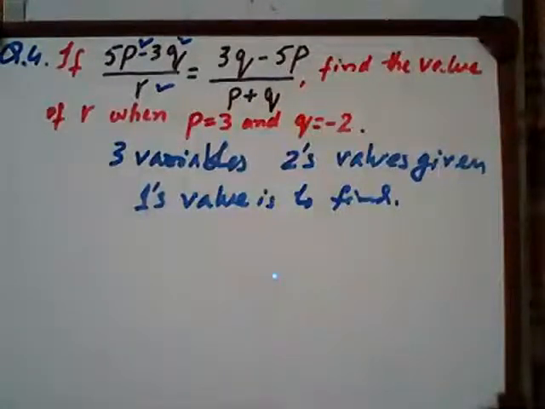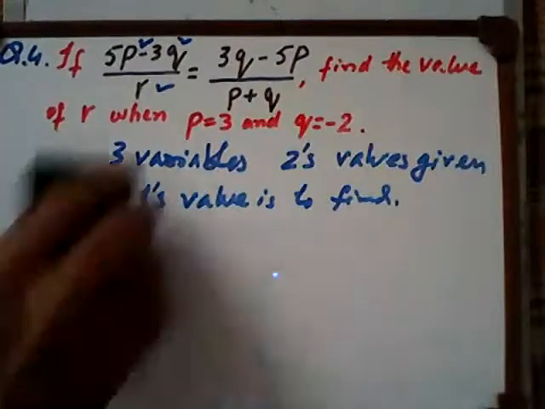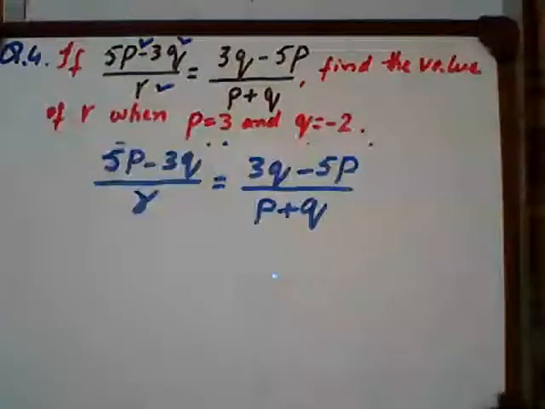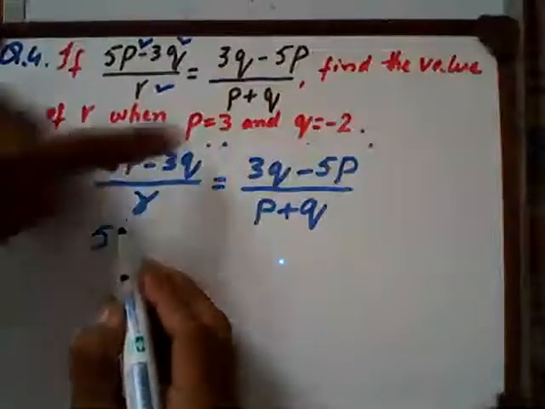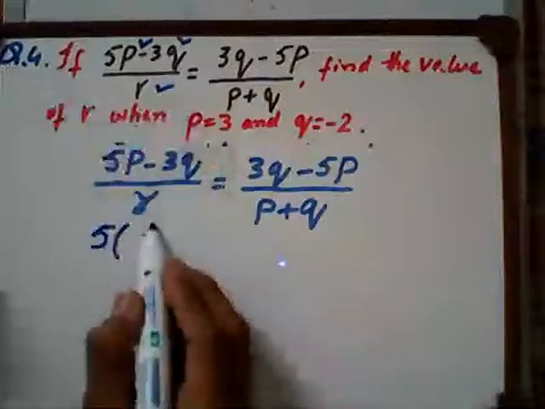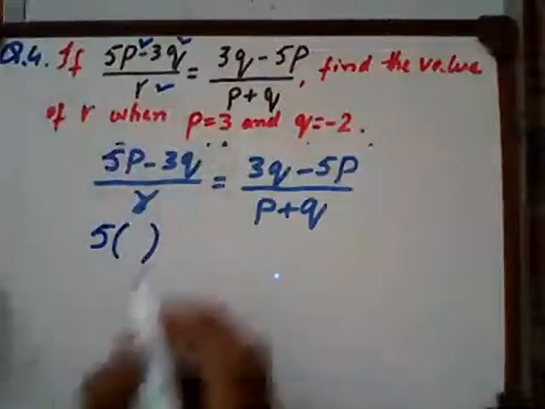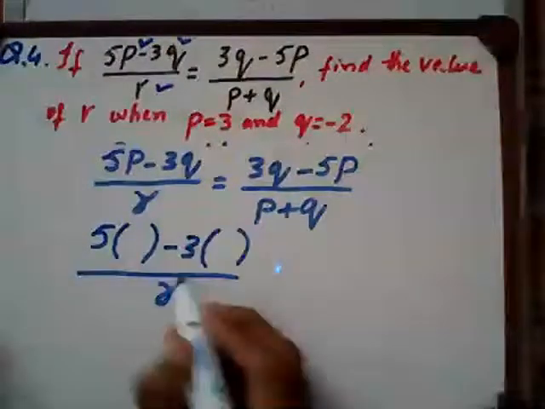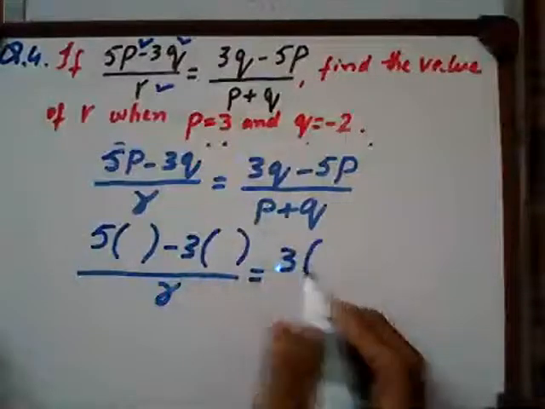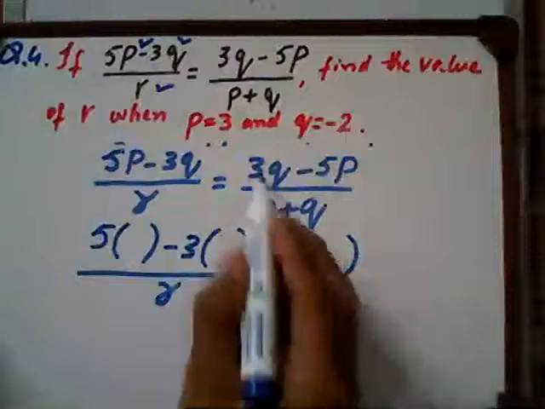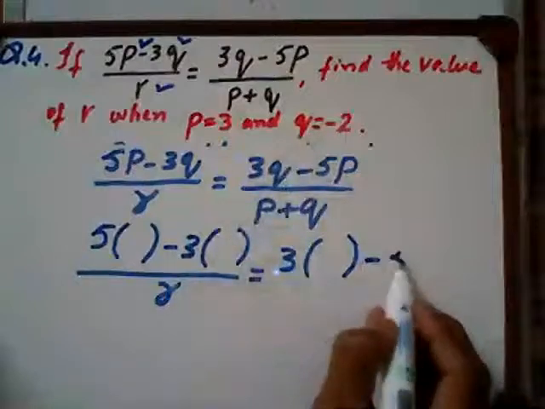Now we'll be solving like this. Let's check it. I will be putting this. Do we have the value of P? Yes, we have the value of P. So we are putting in brackets minus 3 is equal to 3, because its value is given, minus 5.